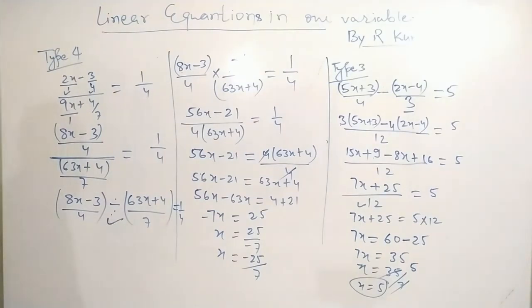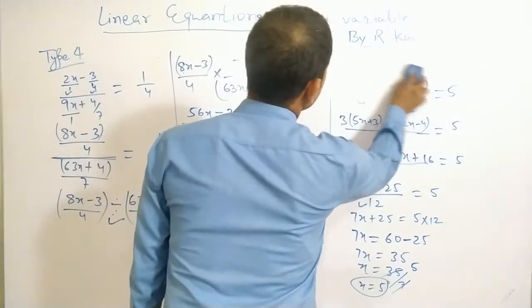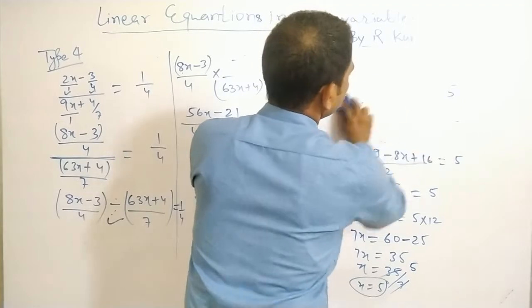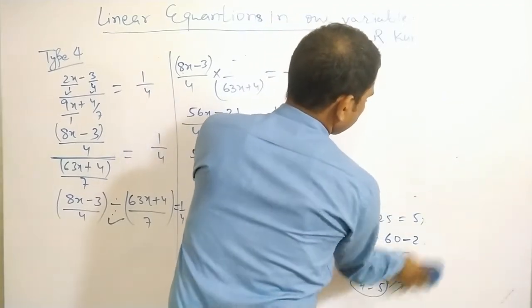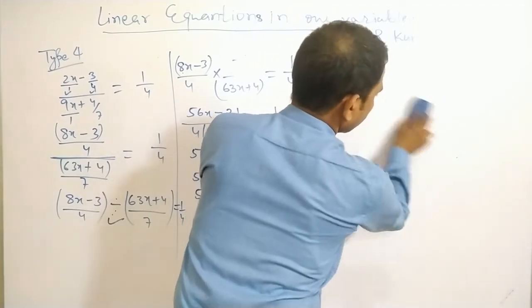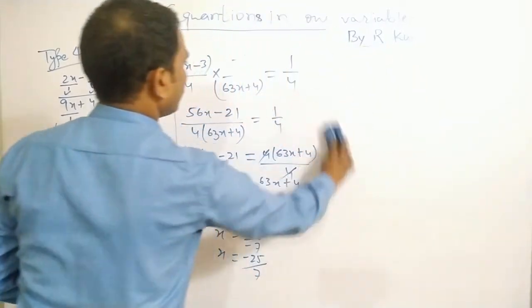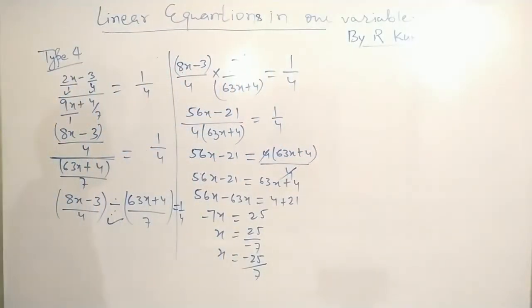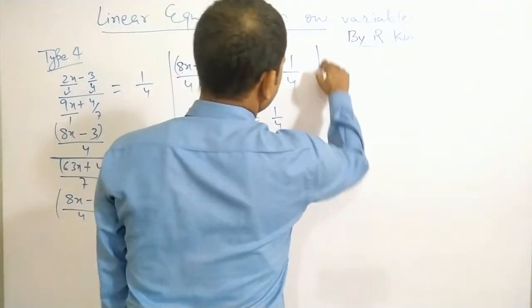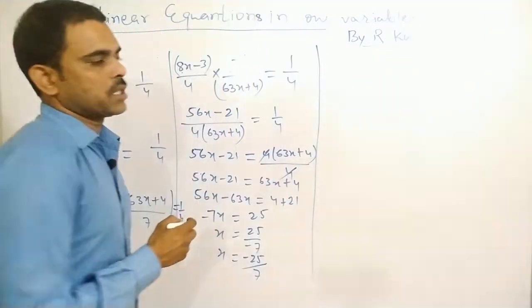Now going to do type 5. In type 5, I am taking a question where you will get a numerator and denominator on both sides. Okay, meaning a p by q form on both sides. And if you get this type of form, meaning p by q, you will simply first of all do cross multiplication.